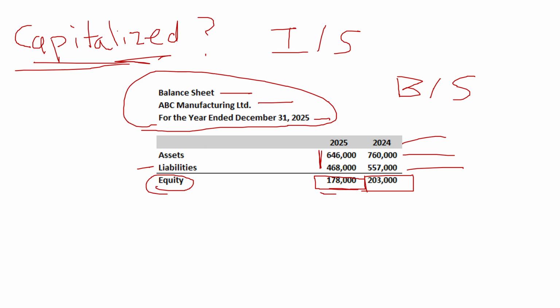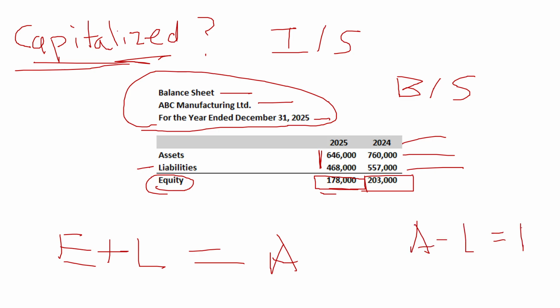As a matter of fact, if you make $50,000 and you spend and it's not enough and you have to borrow some extra money, your equity will actually go down because your liabilities will go up, because that's what a balance sheet is. A balance sheet is essentially all your equity plus your liabilities is equal to assets. I should have written it the other way around, but this is the equation, and it comes from assets minus liabilities equals equity. I'm just moving the liability to the other side.